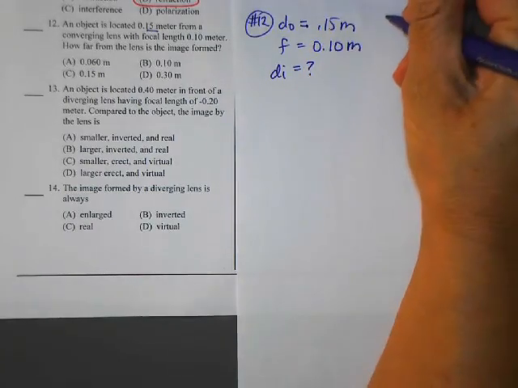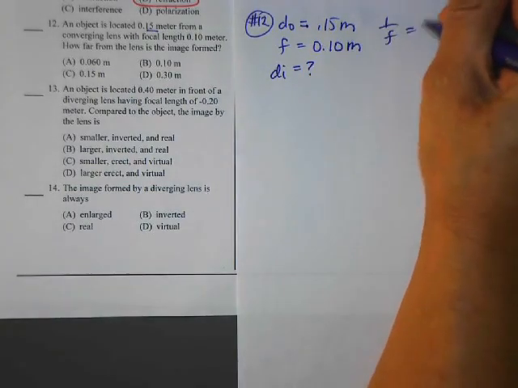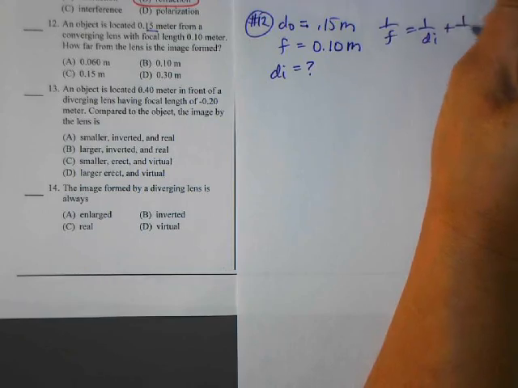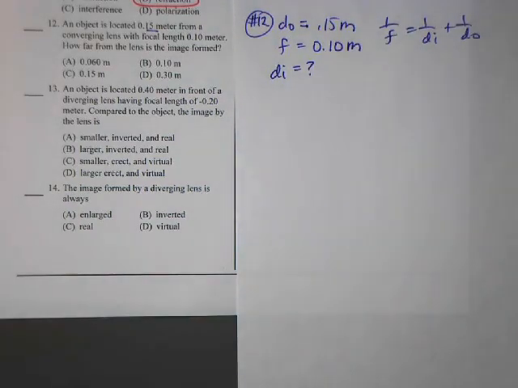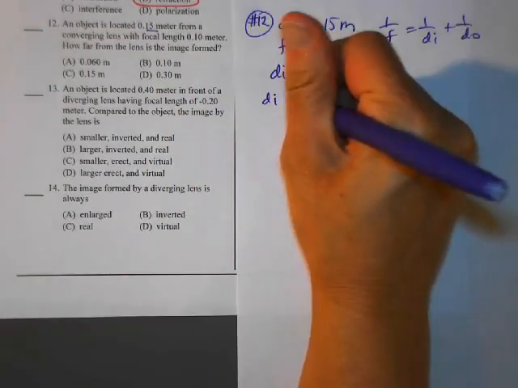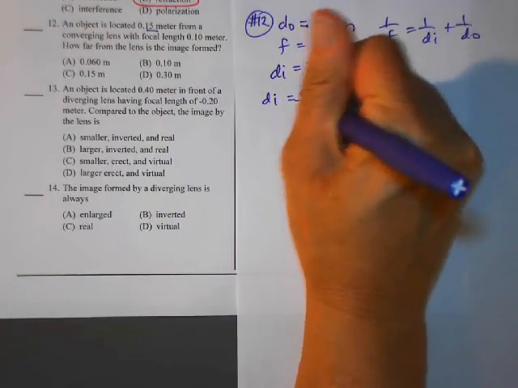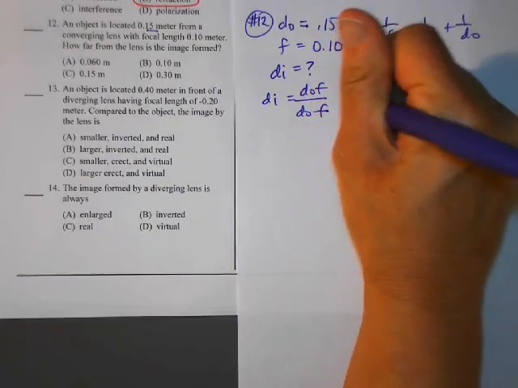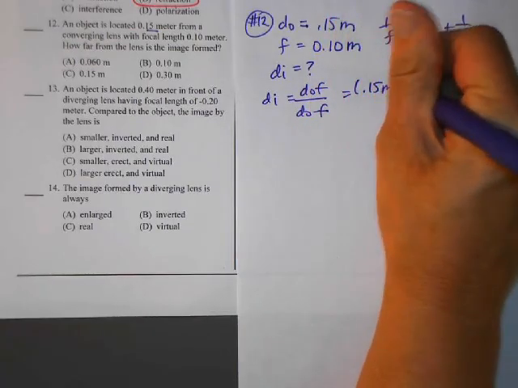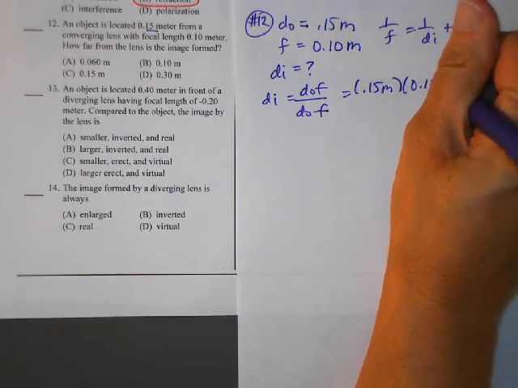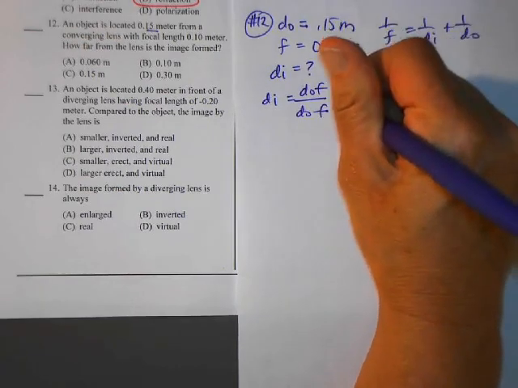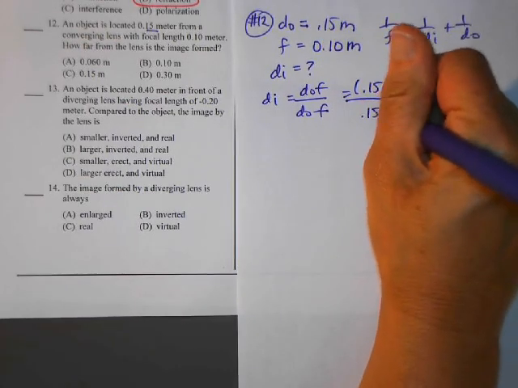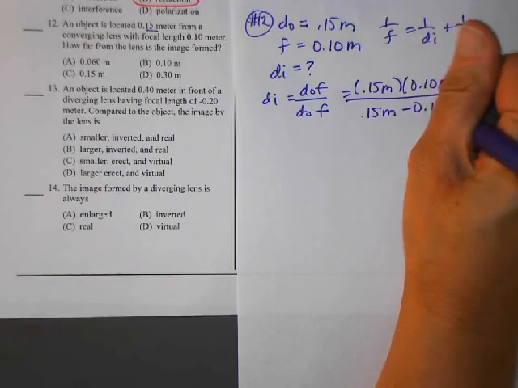So my basic equation is 1 over F is equal to 1 over DI plus 1 over DO. If I rearrange the equation, which happens to be on our equation sheet, DI is equal to DOF over DO minus F. So it's 0.15 times 0.10 divided by 0.15 minus 0.1.